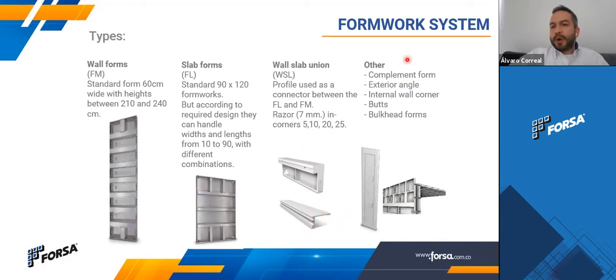And for other, we have complements, we have bulkheads, we have this to close the openings on doors and windows. Many configurations for gables and all the kind of architectural details that are required depending on your project.